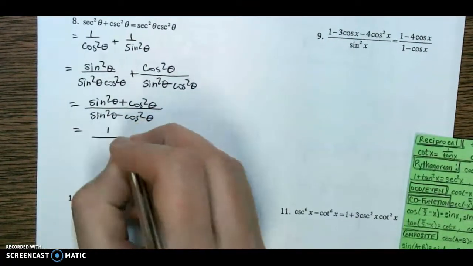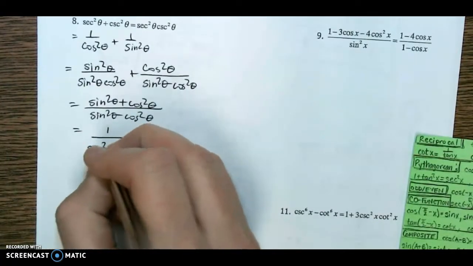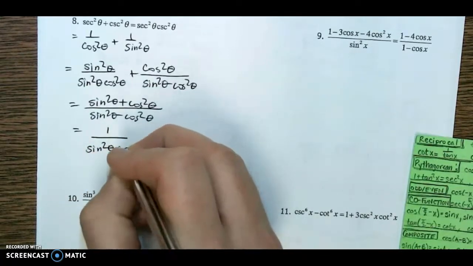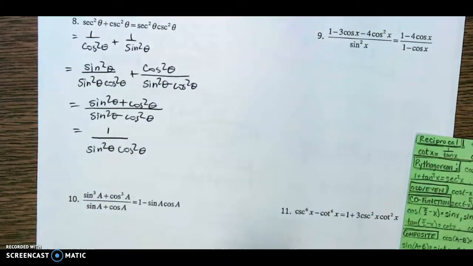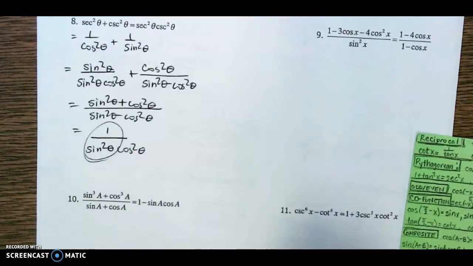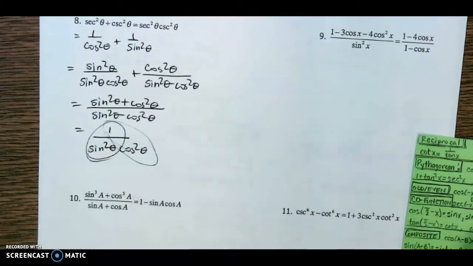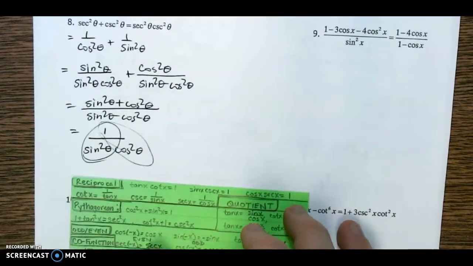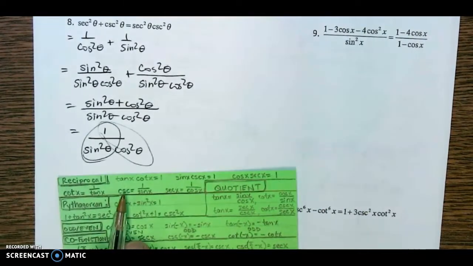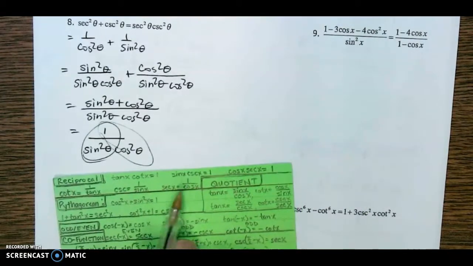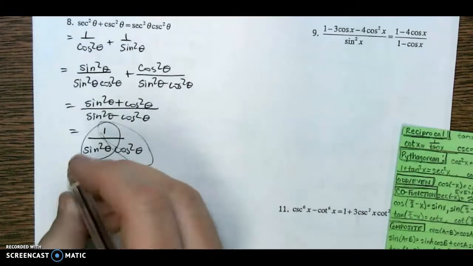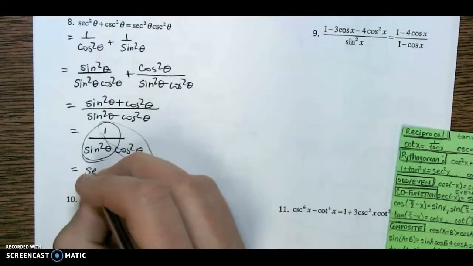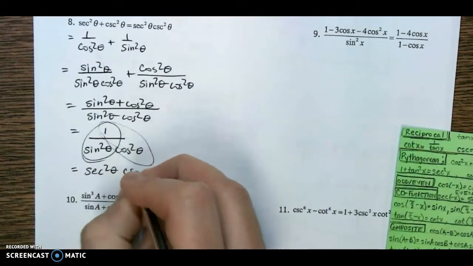So 1 on top. And then we have 1 over sine squared, and then 1 over cosine squared. If you look at your reciprocals, 1 over sine squared will change into cosecant squared, 1 over cosine squared will change into secant squared. So then you're going to get your secant squared and your cosecant squared.